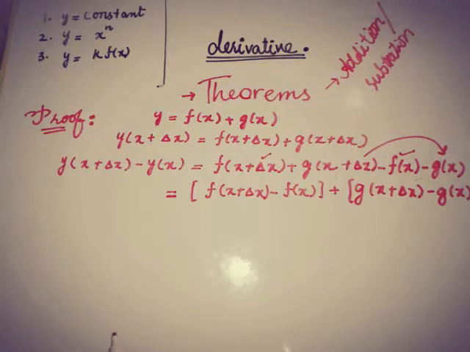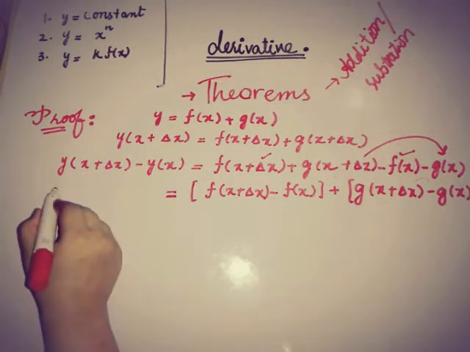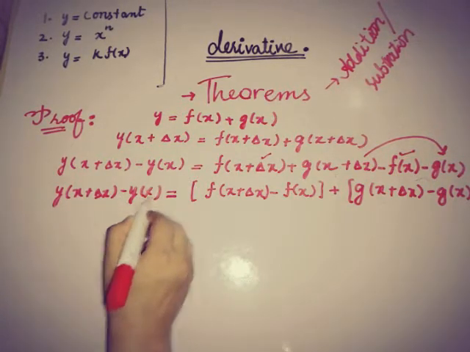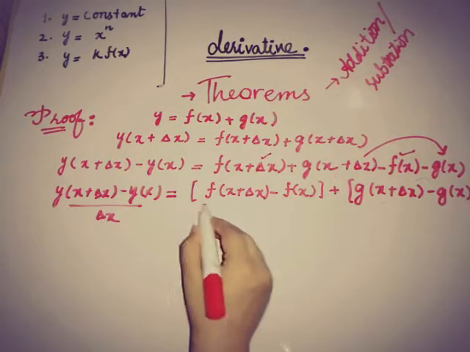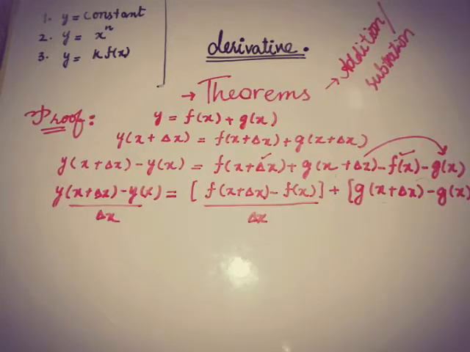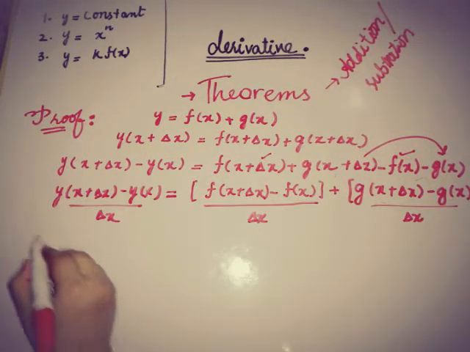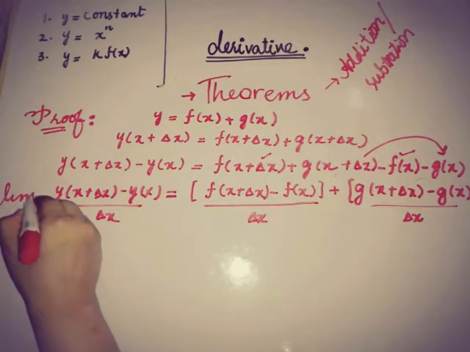Now the next step is dividing both sides by the change, delta x. Now we should apply the limit, so applying limit on both sides.